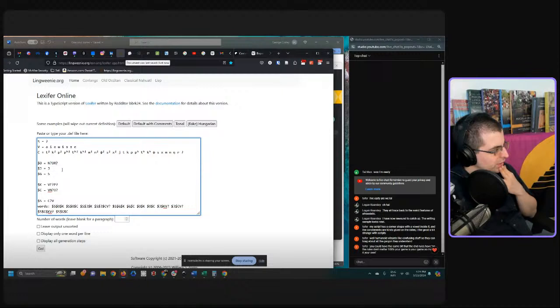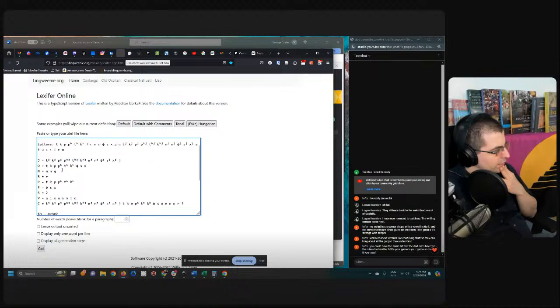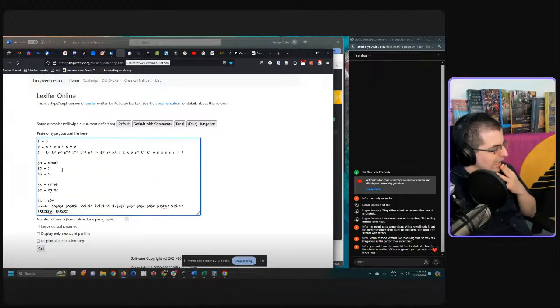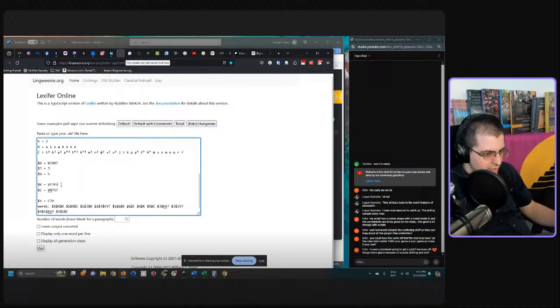R does not appear in codas? Oh. Okay. Wow. Well, that really does some interesting things for us. So only obstruents and nasals can appear in codas.